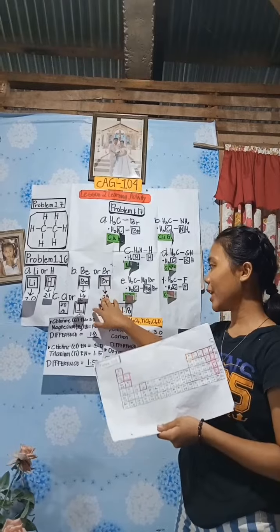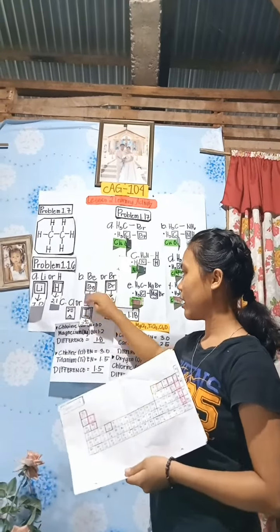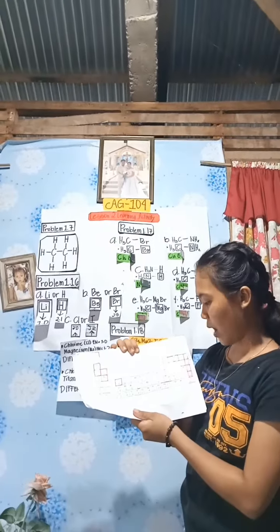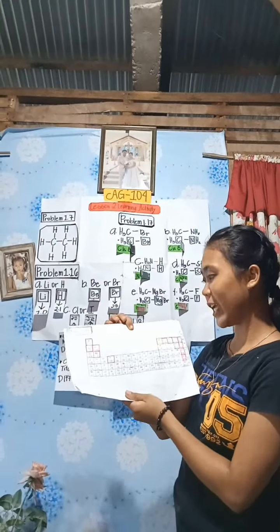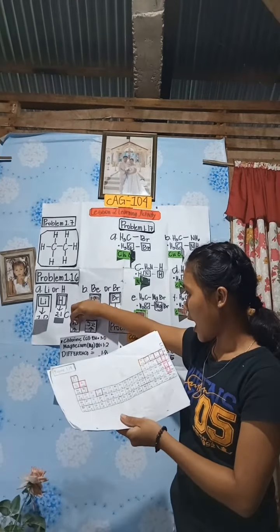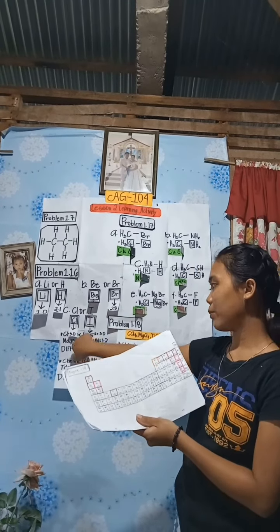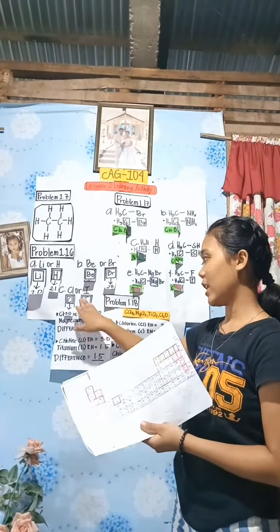Therefore, bromine is more electronegative than beryllium. Letter C contains 2 elements, chlorine and iodine. So we have to use this again. We have to look for the electronegativity of chlorine. Chlorine has an electronegativity value of 3.0 and iodine has 2.5. So therefore, the element that is more electronegative is chlorine.